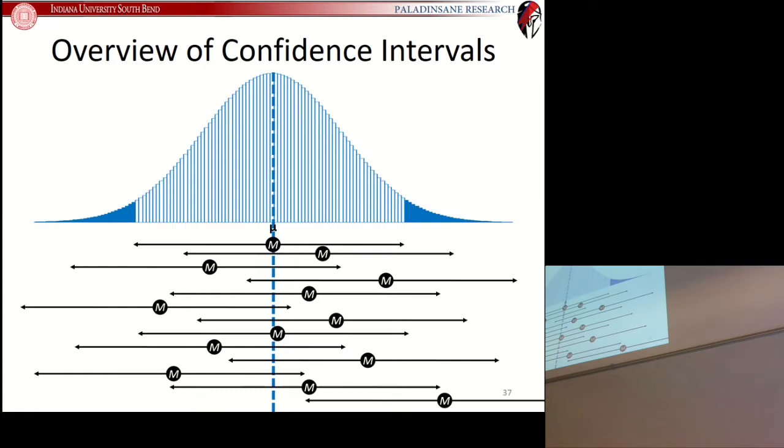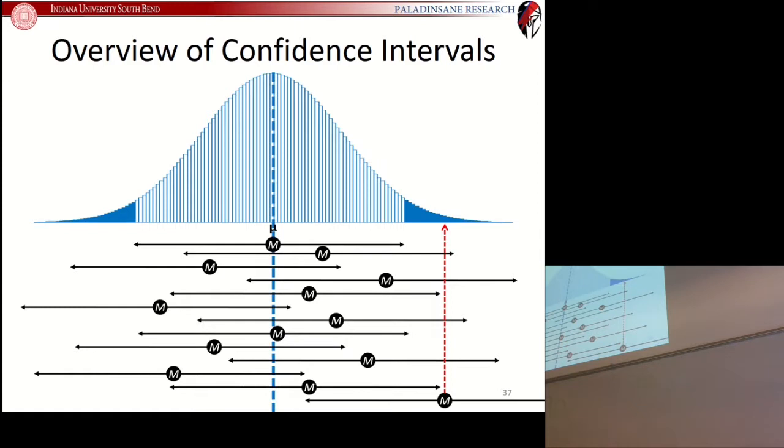And the only time when this happens is when your sample mean comes from one of the tails. If you choose an interval that's as wide as the body, the only time you're going to miss that population mean is if one of your samples comes from the tail. And we said that we chose the width of this body to be 90%, and we chose each tail to be 5%.